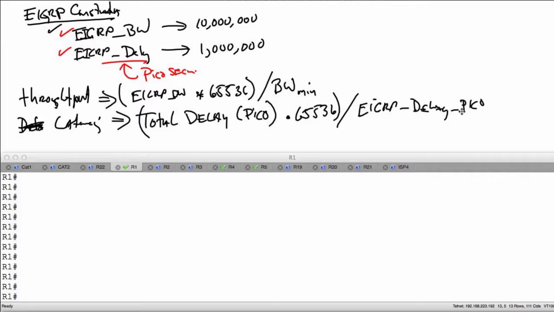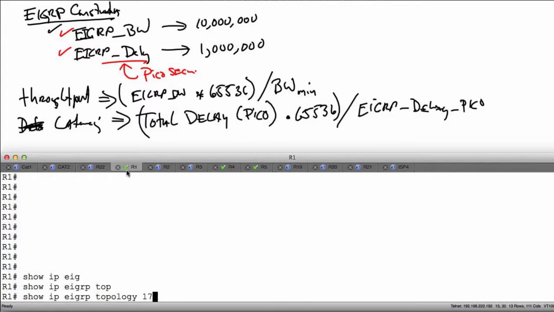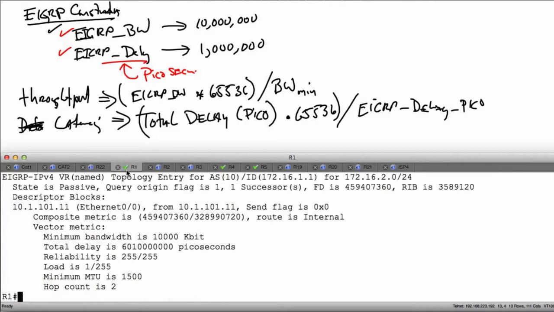So when we start looking at this, let's find out how we actually compute the metric for a route in our topology. Let's pick one. Show IP EIGRP topology, 172.16.2.0/24. And let's do some working values. I'll do my working values in blue.